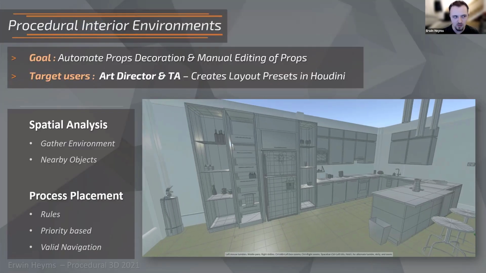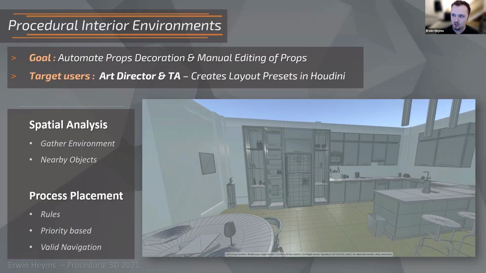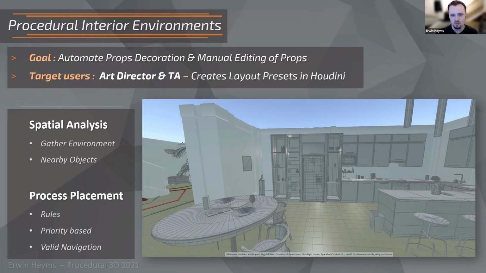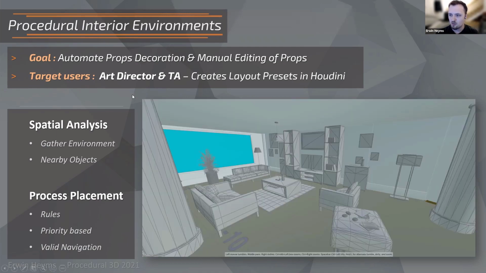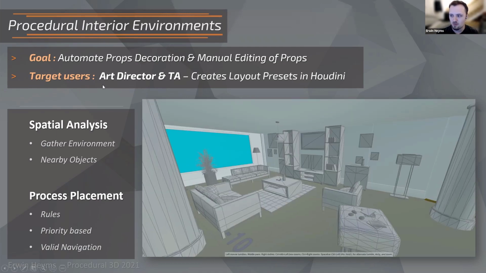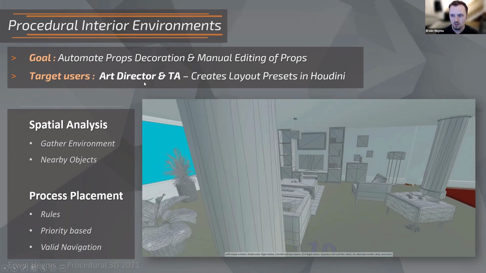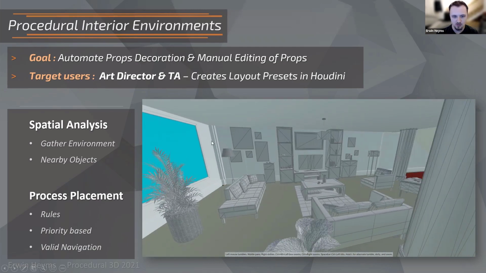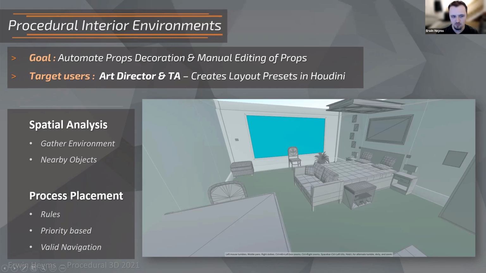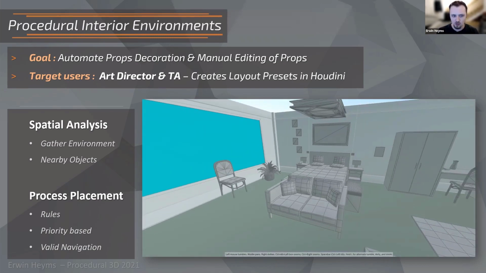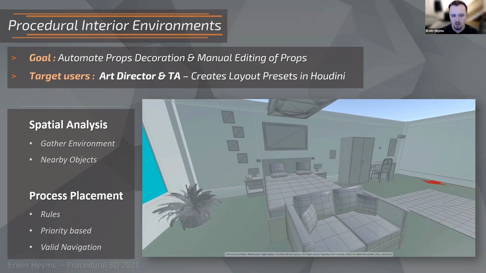And then the last tool, the most advanced one, is a procedural internal environment decorator. Automates prop placement. And this one is actually a combination of art director or technical artists who create the presets for this environment. So you can basically lay out the structure of your furniture, how you want your rooms to be built up.